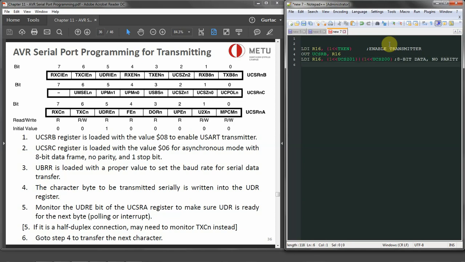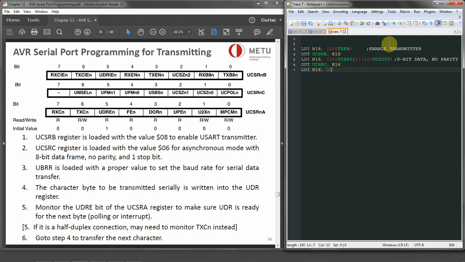Then what we do, we send this out to UCSRC, and that has to be R16, and that's done. And next thing to do is to set the baud rate.